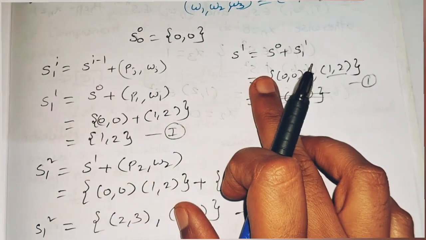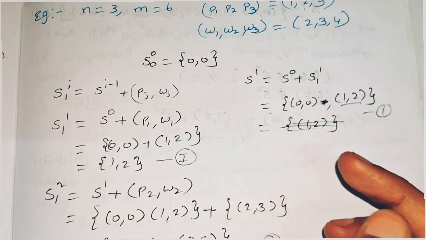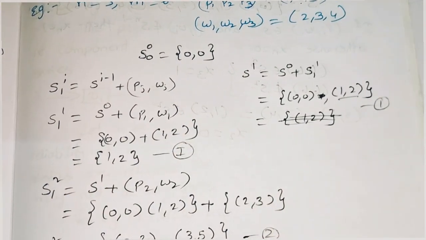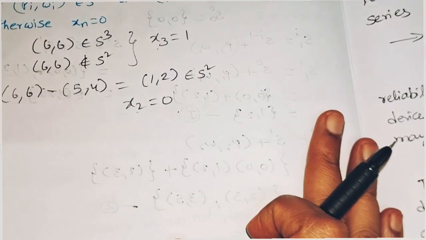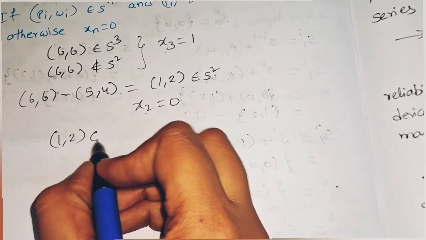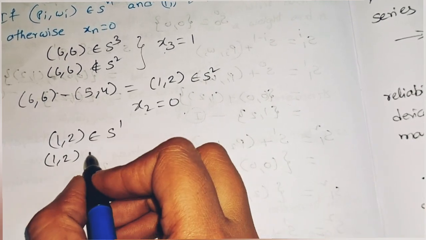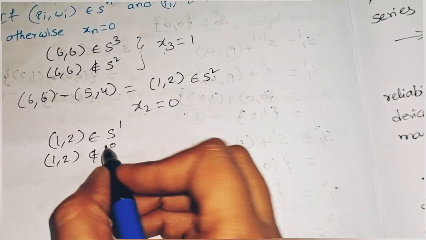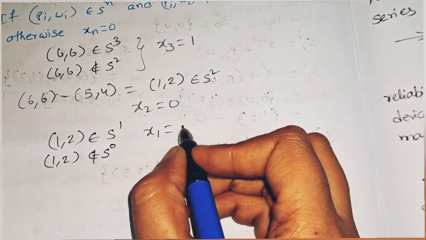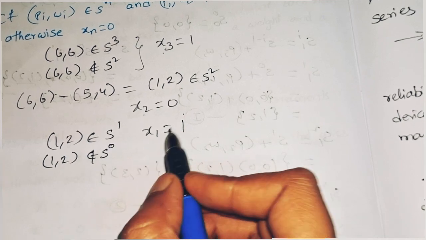In the S1, 1, 2 is available, and in the S0 it is not available, right? So that means it is satisfying the given condition. So 1, 2 belongs to S1 and 1, 2 doesn't belong to S0. That's why X1 will become 1. That means we can place the item 1 also into the bag.